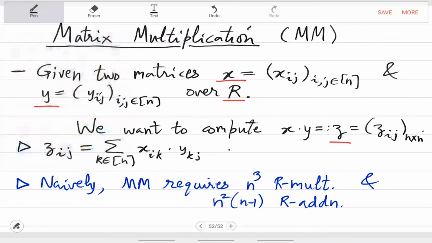So the question is, for almost all rings, R multiplications are the expensive part. So we want to reduce this part, not worrying too much about addition. The addition over rings is always cheap. So can we reduce multiplications at the cost of additions? Can we reduce it below n cube?